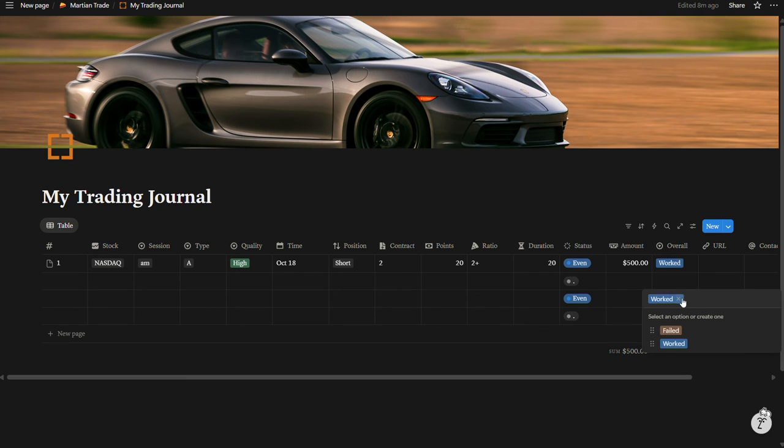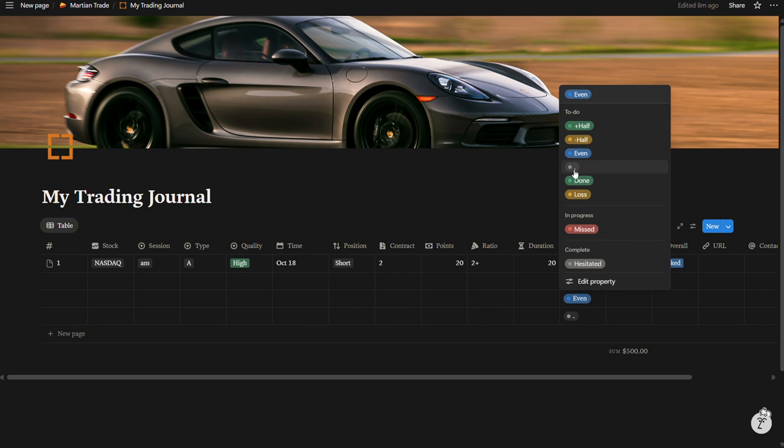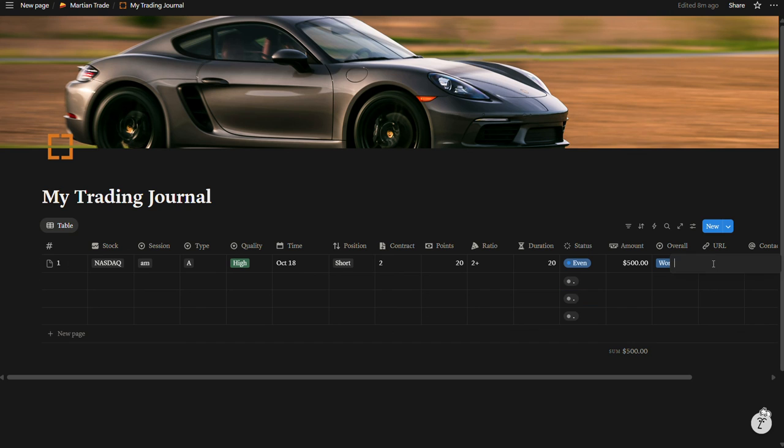So let's go back, let me delete this. Okay, so then you can write your idea, your thoughts, why you quickly put it on break even despite the trade worked overall, or why you thought this is a high probability trade, why you thought this is an A plus setup or B plus setup.